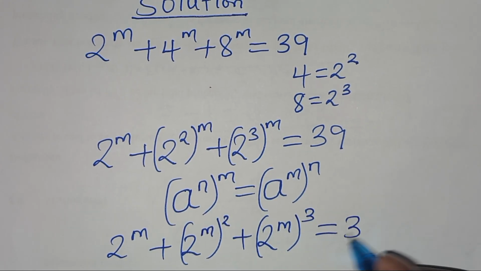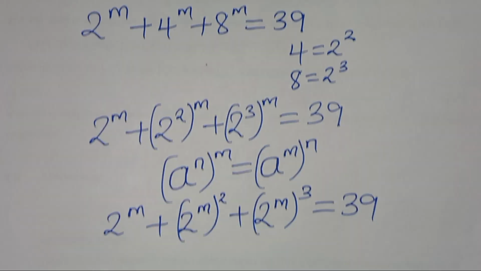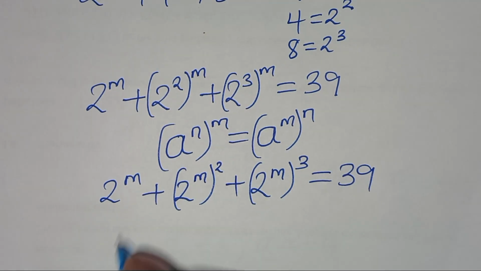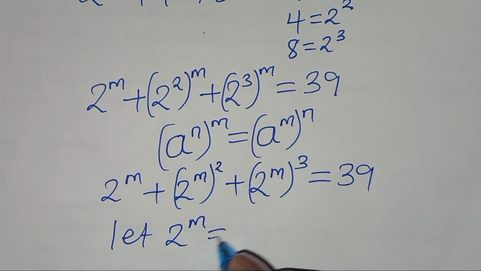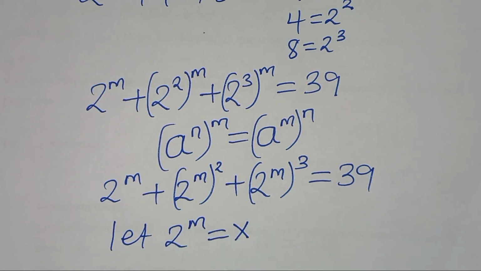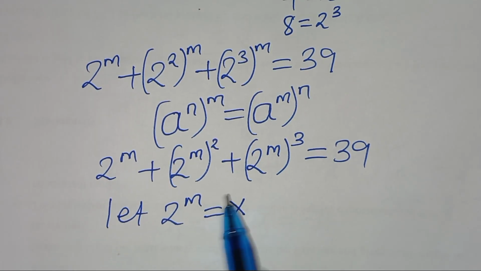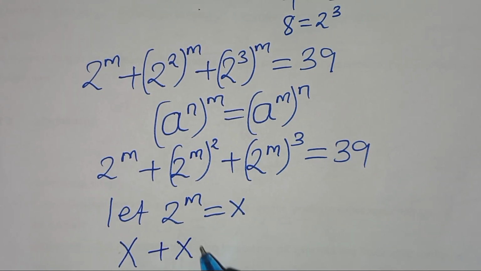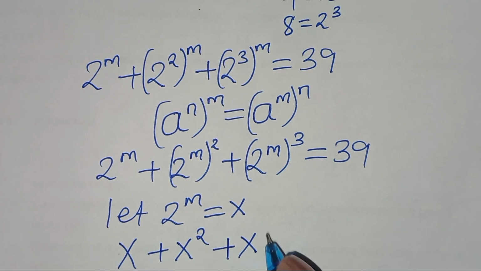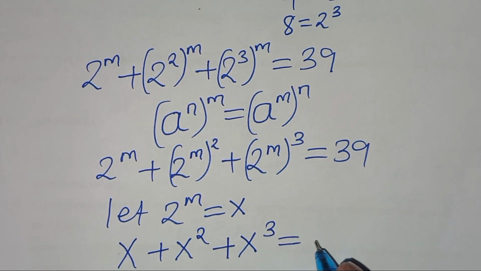This is equal to 39. Now from here, we can just say let 2 to the power m be equal to x. Substituting x here, we'll have x plus x to the power 2 plus x to the power 3. This is equal to 39.